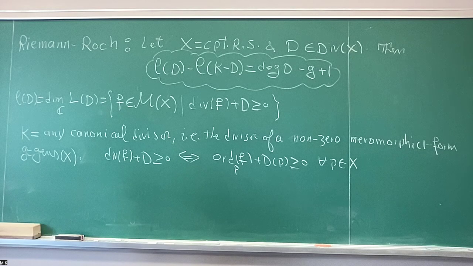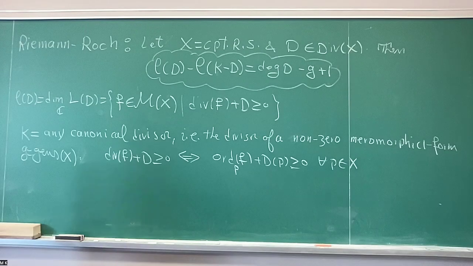But if D is positive at the point, the condition allows poles, because it goes to the other side, it becomes negative only. So it can have poles, but not very bad poles. The order has to be bigger than negative D of P.